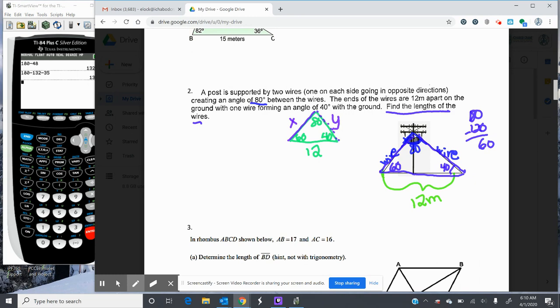What you're going to do is two different law of sines setups. I'm going to find X one way, and then you're also going to have another one set up to find Y. So X is opposite your 40-degree angle.